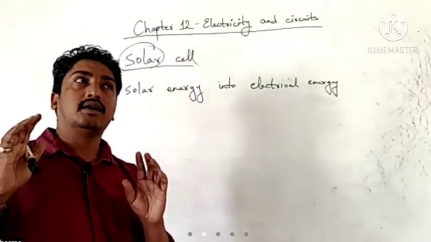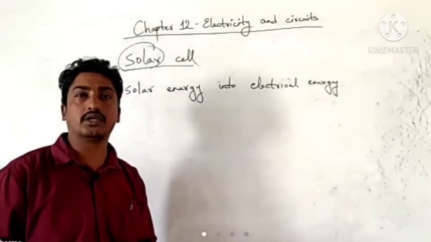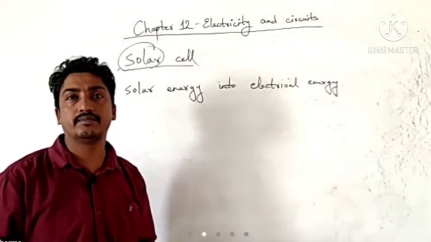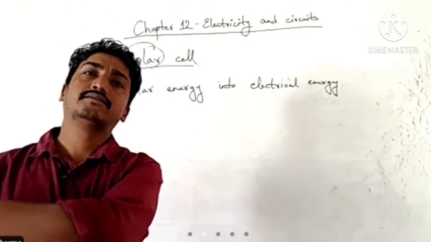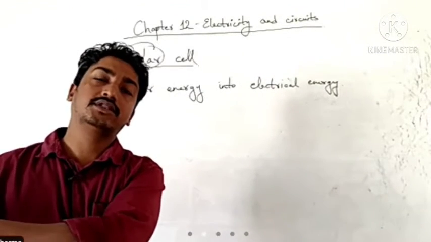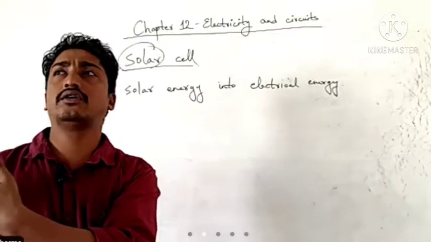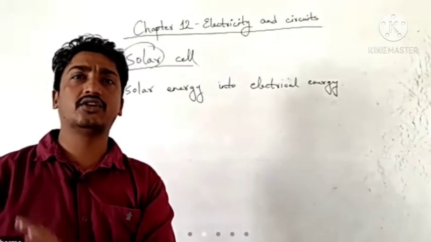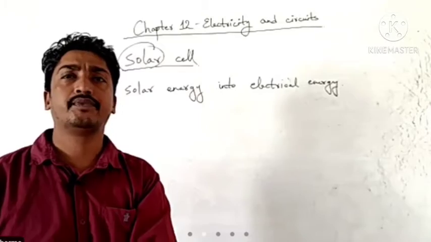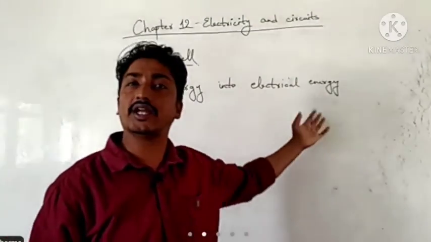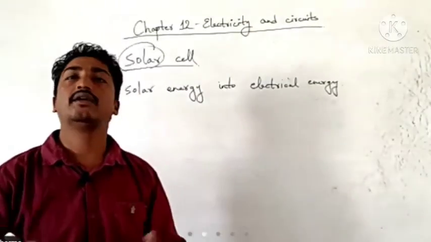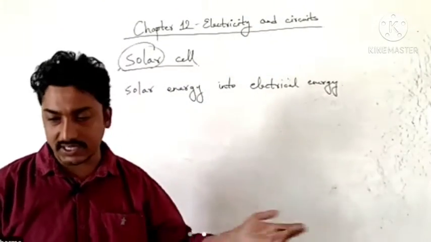If the battery is not working or the battery cell dries up, as an alternative we can put that calculator in the sun or the lights. It's not that you have to put it in the sun only. The light can be converted into electrical energy, and the calculator works in that condition.